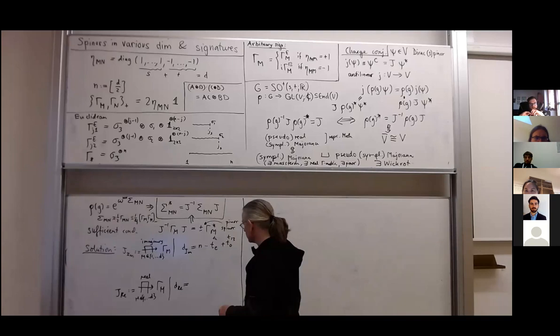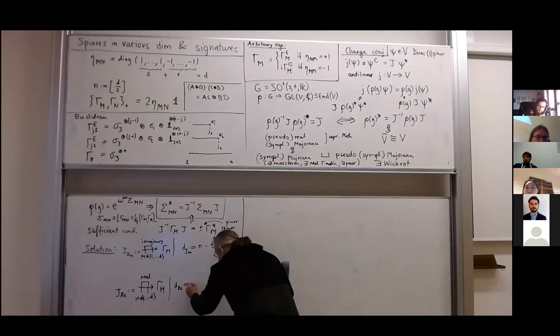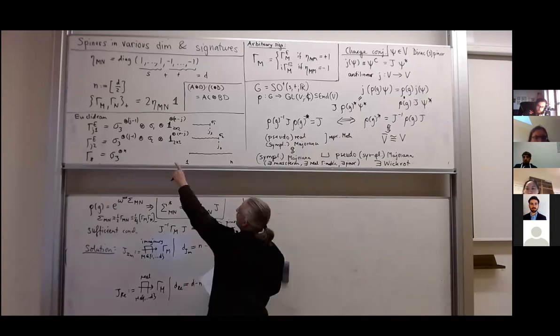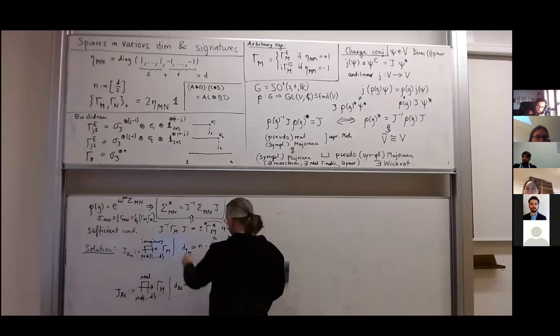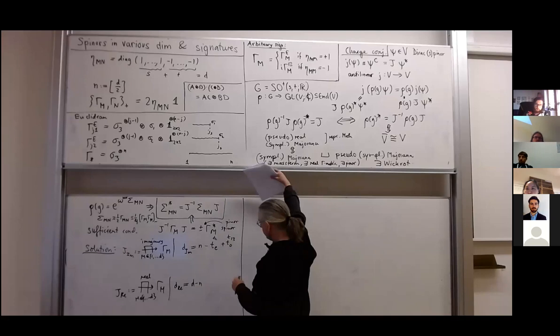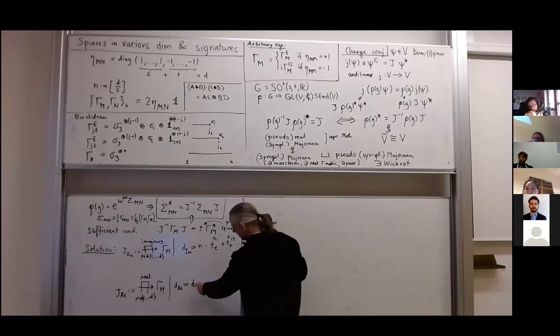So that's one thing, and then there's a similar calculation here for the other one, since there are now d minus n gamma sigma 1 matrices like that. So remember that. The point is that the total number should be d, of course.